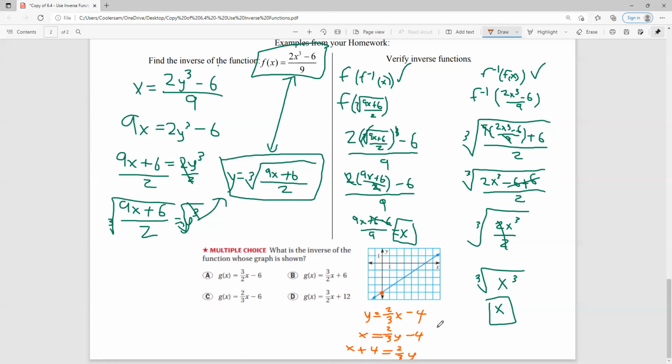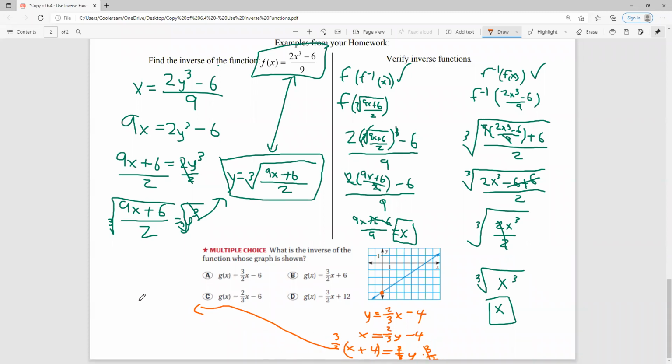Then I have to multiply both sides by 3/2, because 2/3 and 3/2 are reciprocals and they'll cancel each other out when you multiply them together.